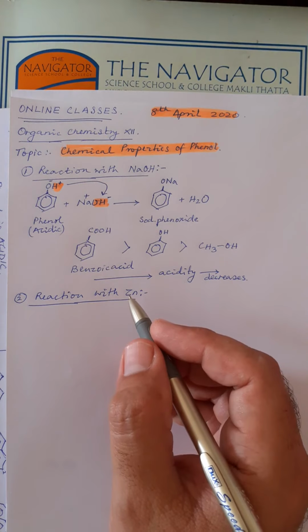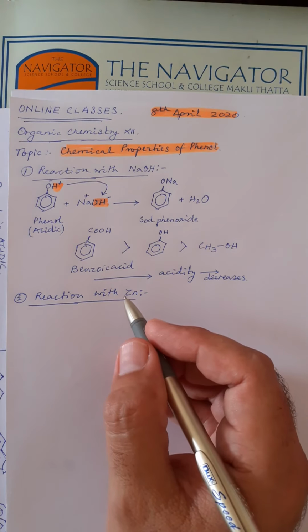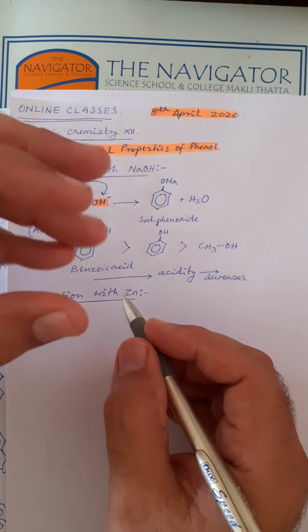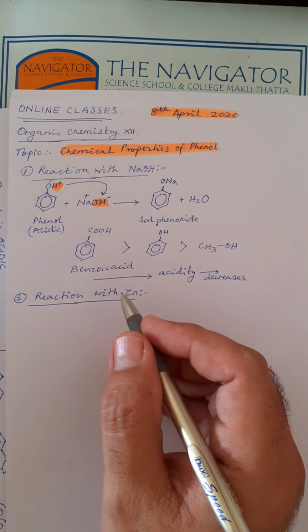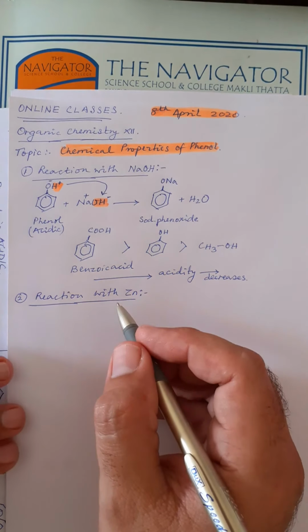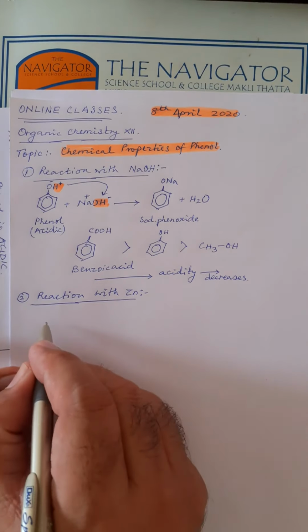Now, as you know, the rate of reaction depends on surface area. If you have a lump or a piece of metal, the atoms are well packed inside, so it provides less surface area for the reaction. However, when you have powdered or finely divided zinc dust, phenol very easily reacts.